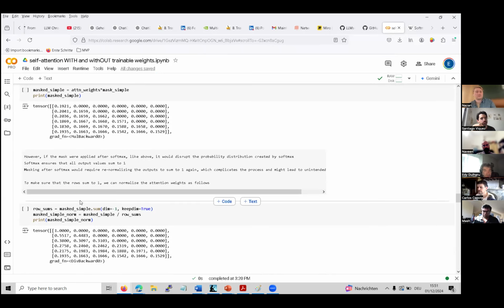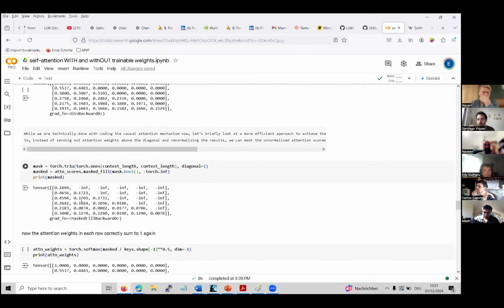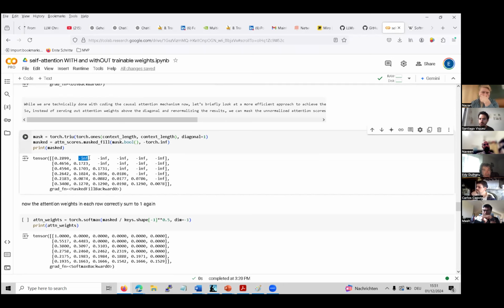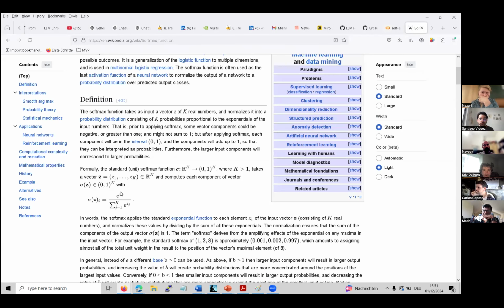So the solution to this new problem is to turn all the elements above the diagonal to minus infinity, because e to the power of minus infinity will be 0.